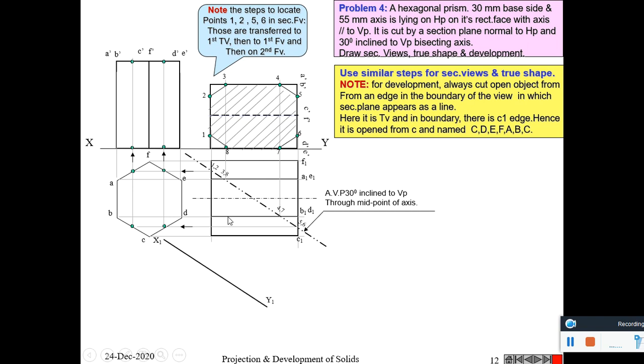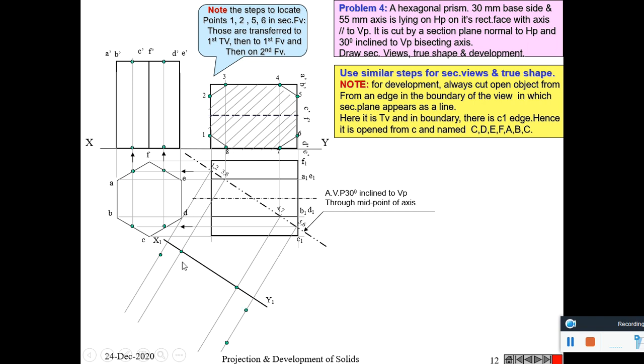To get the true shape, draw a line parallel to the cutting plane and project these points towards that line. These distances are marked.